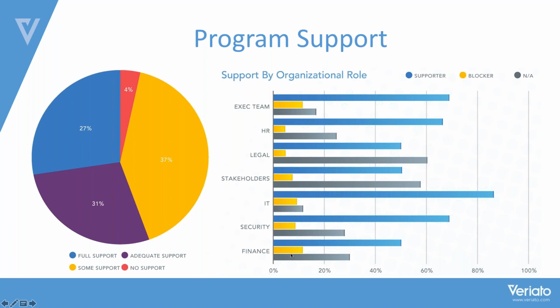So Patrick, let me ask you, are you seeing any trends in pushback from specific roles when customers are trying to purchase and implement Veriato solutions? Well, each one of these roles has their own stake in the success of the company, and I think Jim said it well.